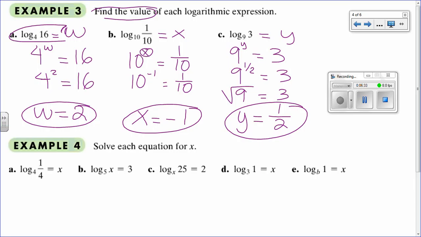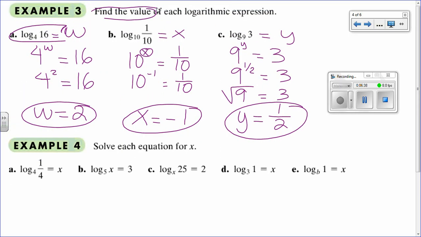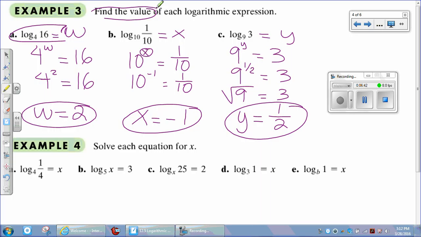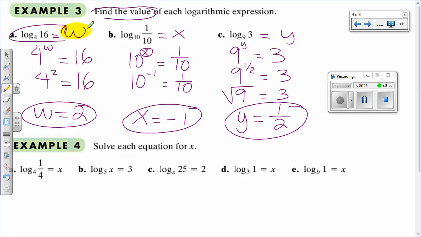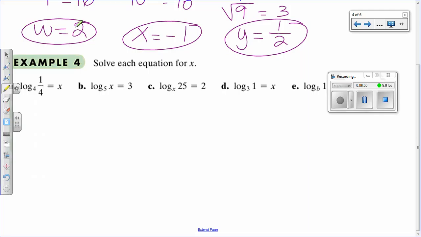Okay, now we're going to solve the next equations. If you notice, in the first ones that we did, our variable was always the numerical value of the logarithmic expression. But now, our unknown variable is all over the place. So we're not going to do the same type of questioning to answer those problems.